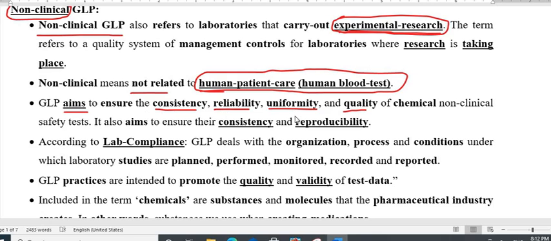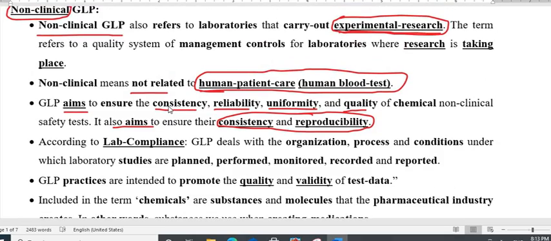So the data will be reproducible. So what is the main aim of GLP? It ensures the consistency of the result, and the result will be reproducible in any lab as per the published protocol.